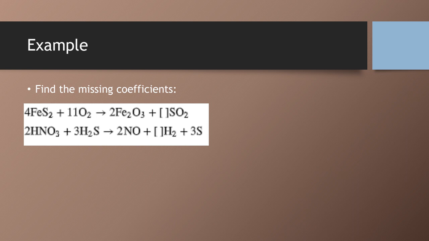Let's start here with the first example. We have iron, sulfur, and oxygen. Now on the left-hand side, we have 4 irons. We have 8 sulfurs.